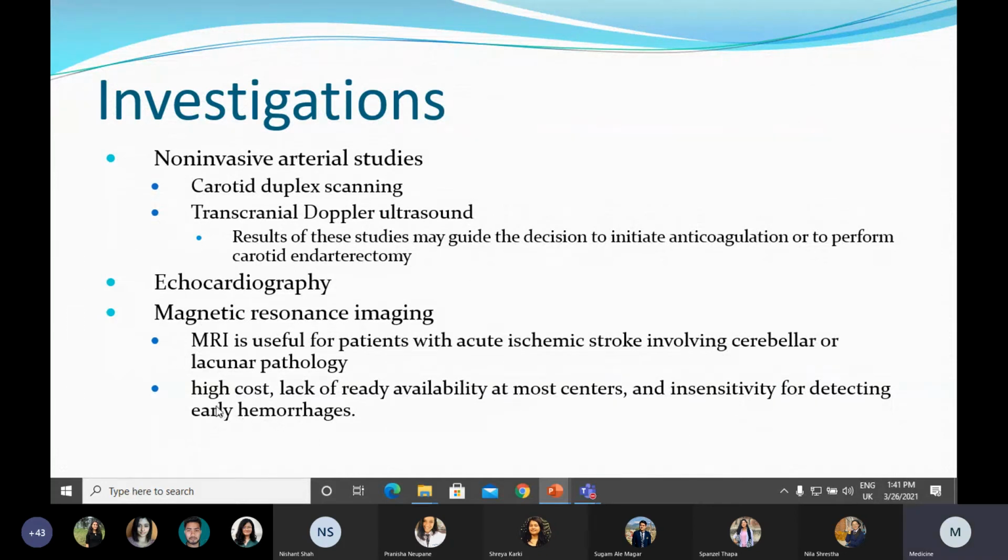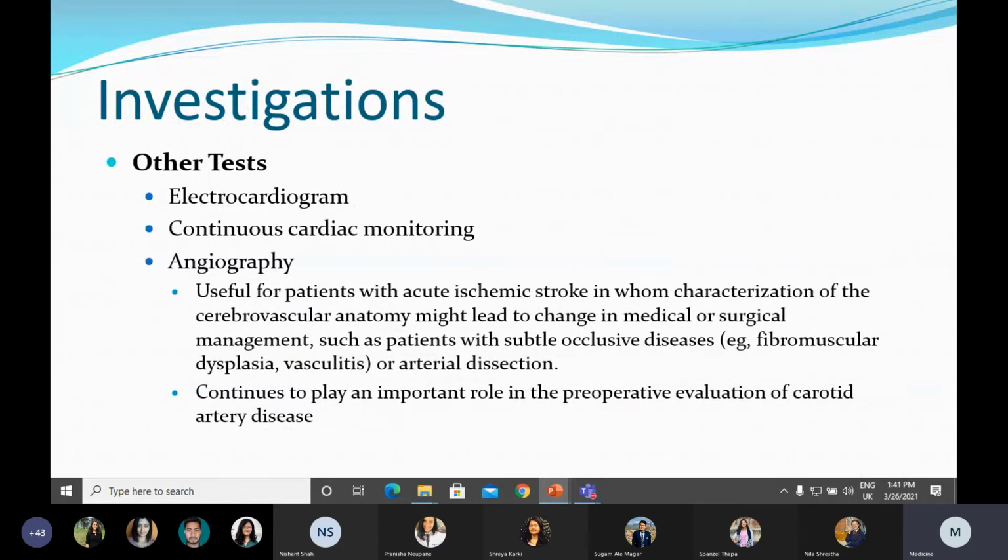But it's costly, and it's not really available in all the centers. So MRIs are usually done as a second choice of investigation.